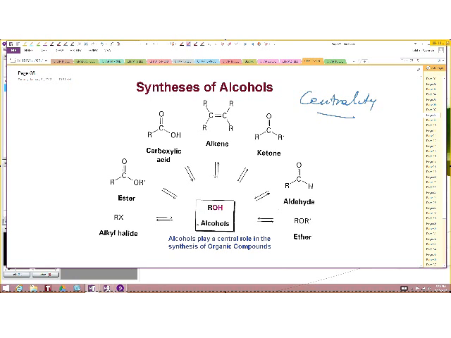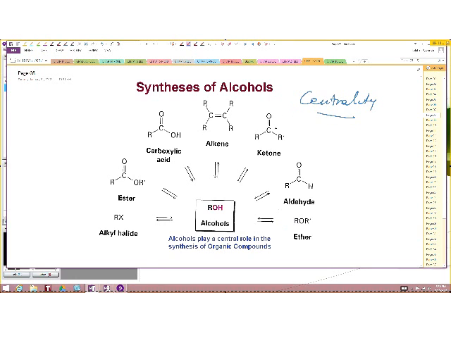Okay, so by the time we finish this chapter, we should be able to go from here to alkyl halide, to ester, carboxylic acid, alkene, ketone, aldehyde, ether. So all of this we should be able to do, and vice versa.